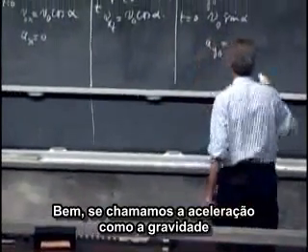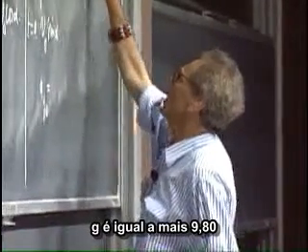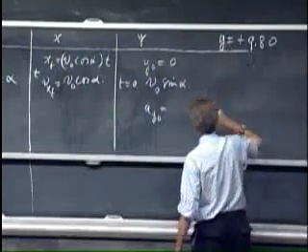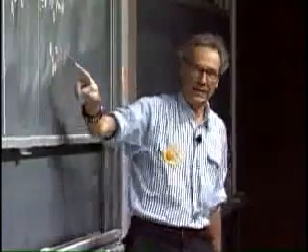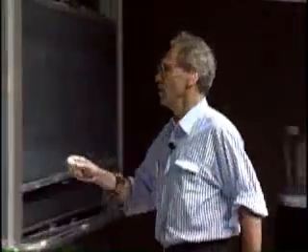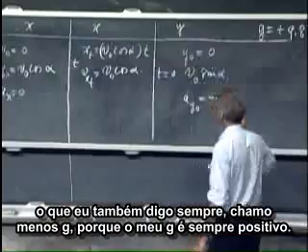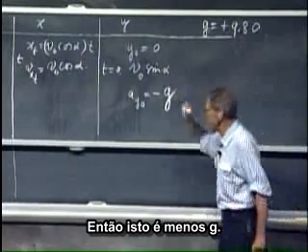Well, if we call the acceleration due to gravity g equals plus 9.80, and I always call it g, what would be the acceleration in the y direction, given the fact that I call this increasing value of y? Minus 9.8, which I will always call minus g, because my g is always positive. So it is minus g.